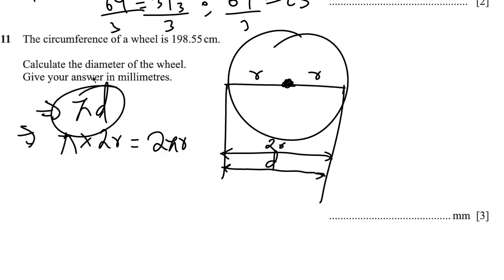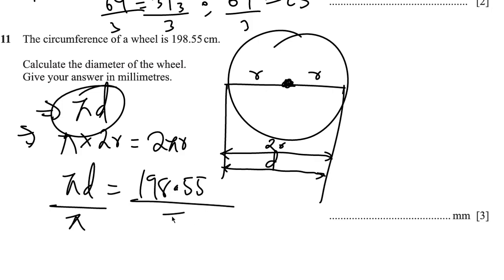But in this case, we're asked to calculate the diameter of the wheel. So we simply say pi d is equal to 198.55, the circumference. Then to get d, we divide through by pi.